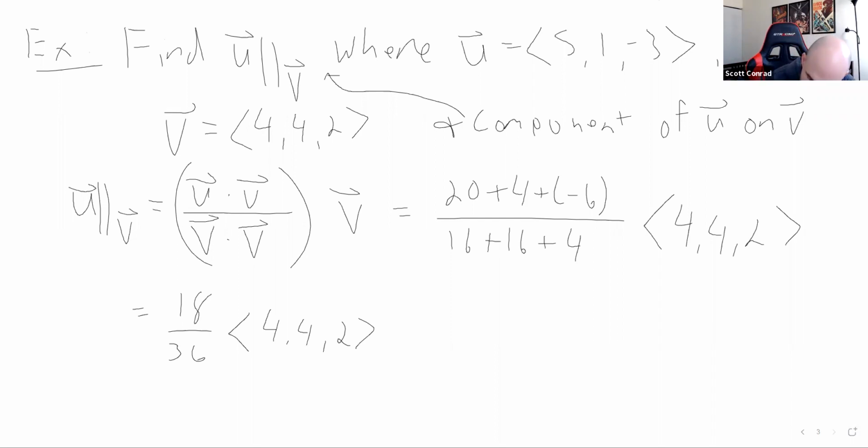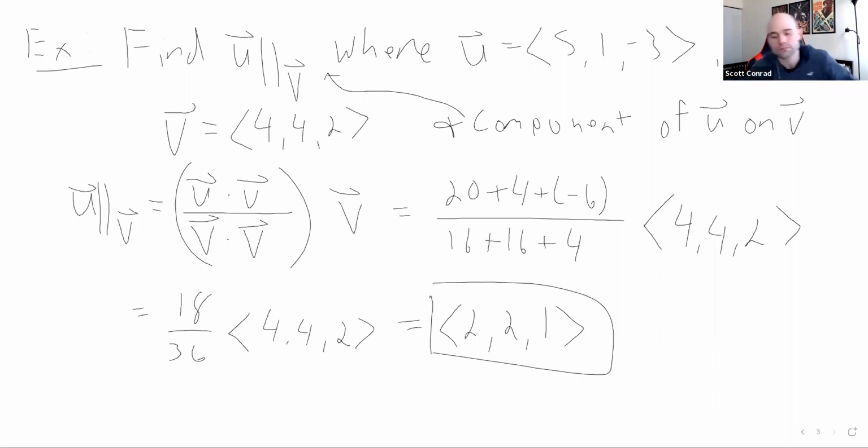But we can simplify it. 18 over 36 is 1/2. You multiply a vector by a scalar, you just bring the scalar inside and multiply each component. So 1/2 times 4 is 2. 1/2 times 4 is 2. 1/2 times 2 is 1. And that's the projection of u on v.